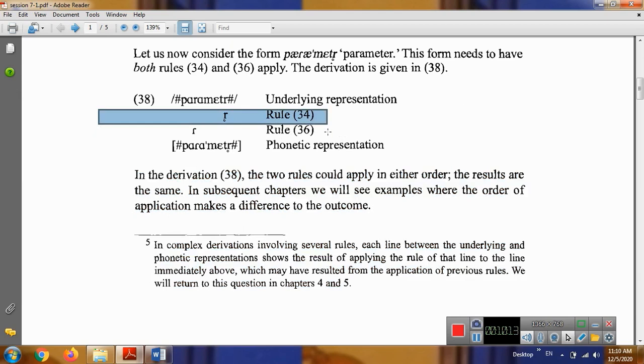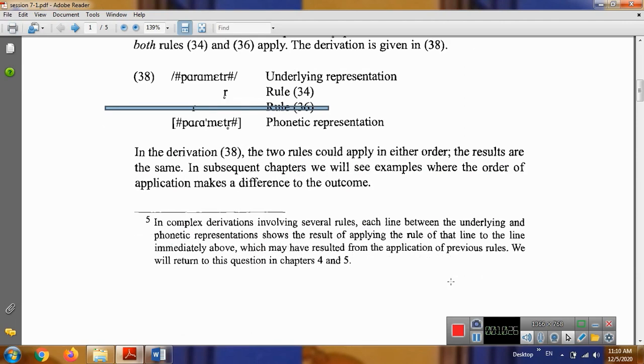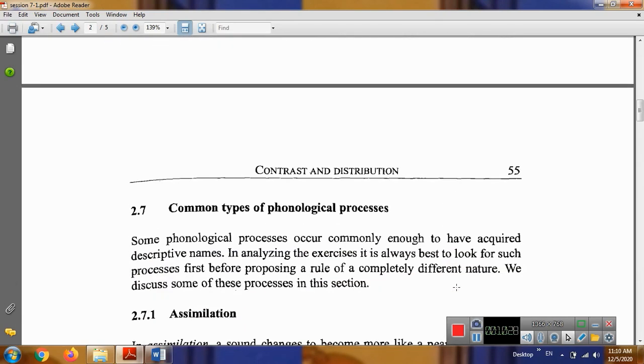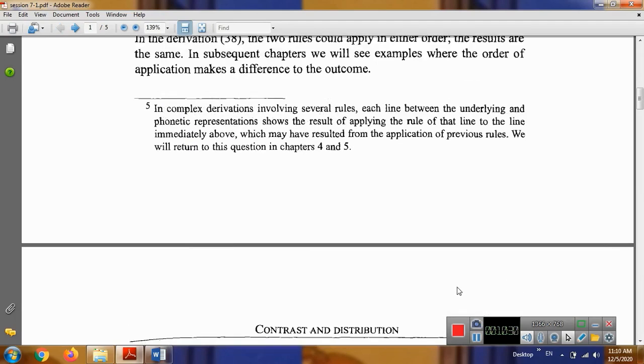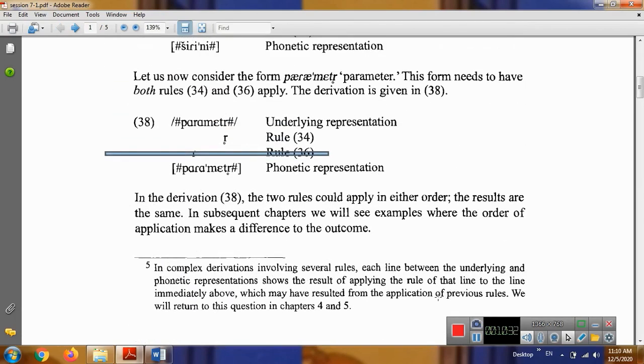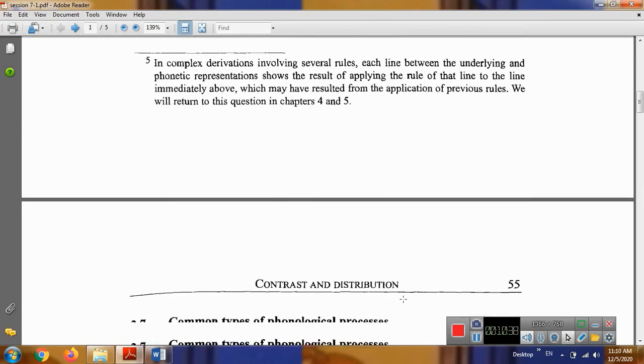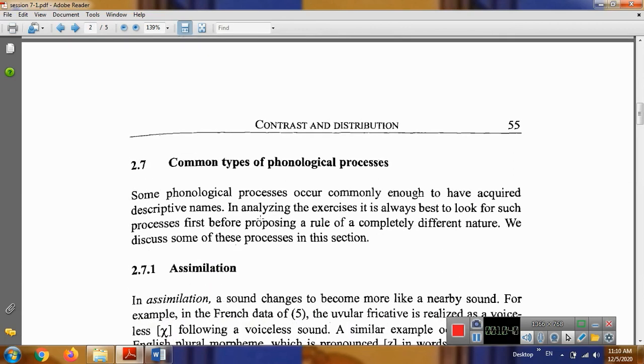Here we have just one line, and in another line we have other rules. If we had 3 or 4 rules, we would show them in separate lines, which may have resulted from the application of previous rules. Okay. If you have any question about this type of generative rule, please ask me. You should look at them many times.